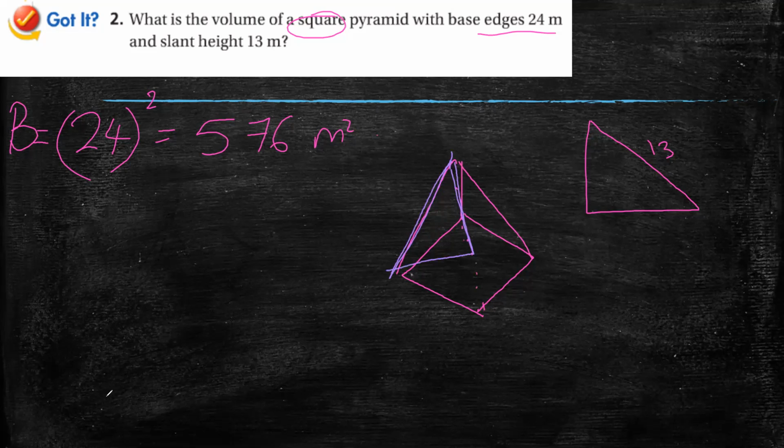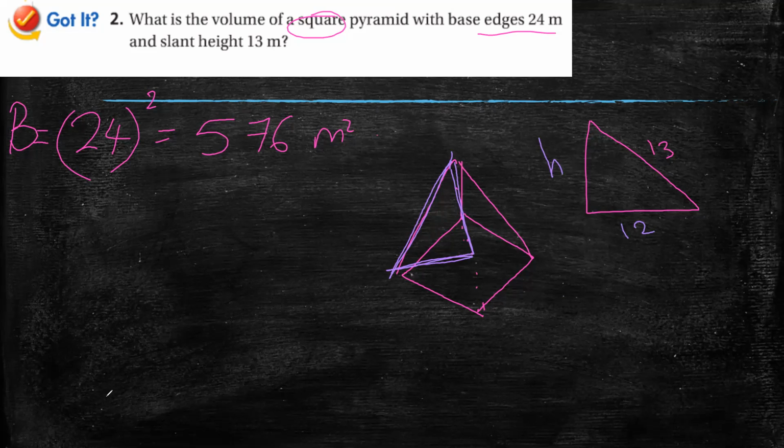Okay, and I need now this one, this base here. How can I find this leg? What is the length of this leg here? It will be half of 24, which is 12. And here I have to find now the height.